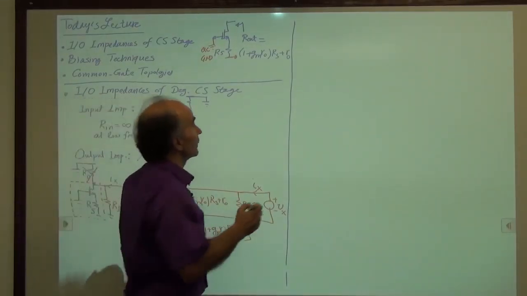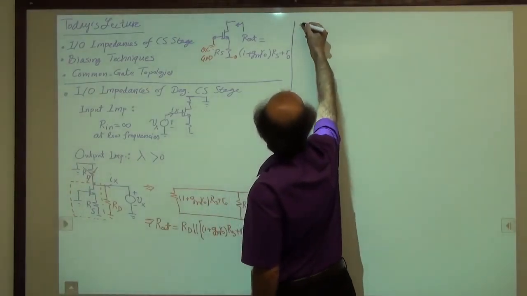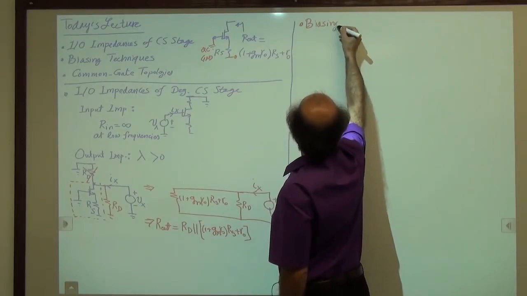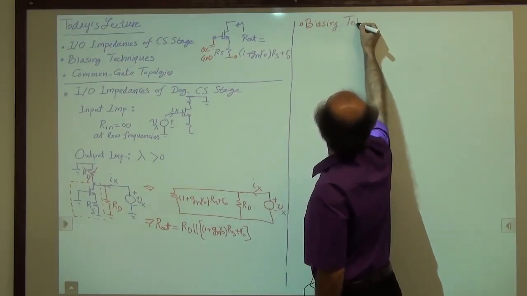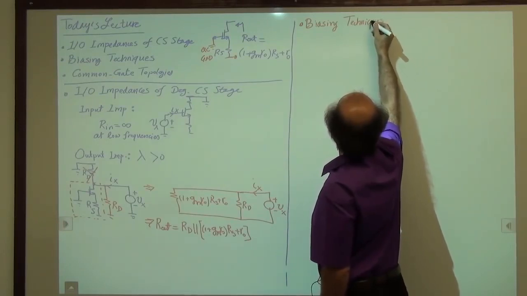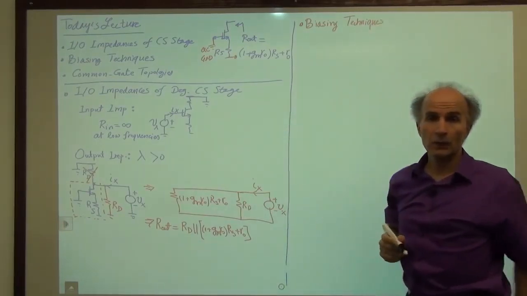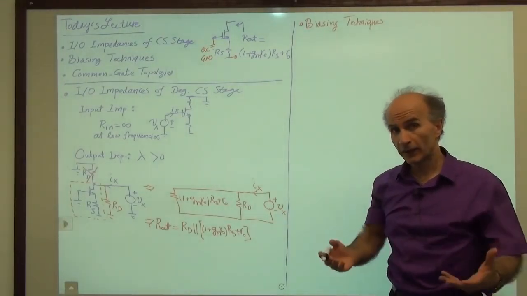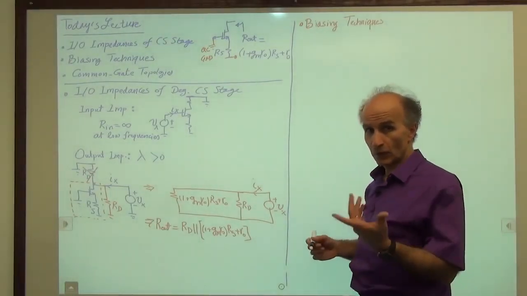All right, so let me go over here and talk about biasing techniques for the common source stage. Well, so far, whenever we talked about a healthy common source stage, we drew something like this.